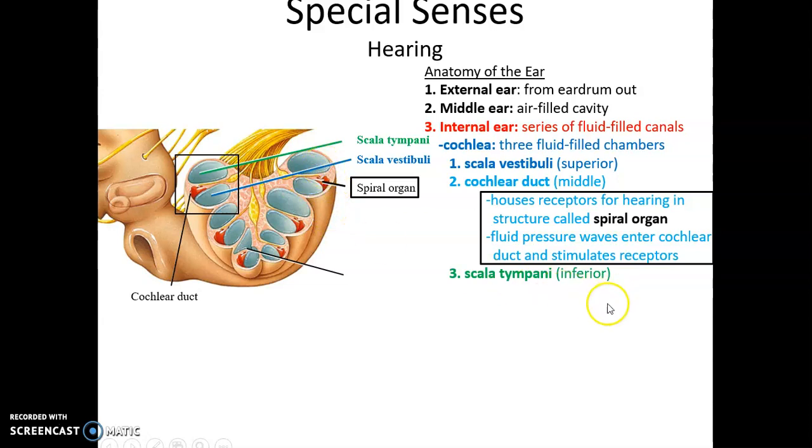So within the cochlear duct, we have the receptors for hearing in a structure called the spiral organ. It's spiral, S-P-I-R-A-L, and it is called that because, again, it is coiling up the spiral of the cochlea. And it is able to detect the fluid pressure waves as they pass through the cochlear duct and stimulate the proper receptors.